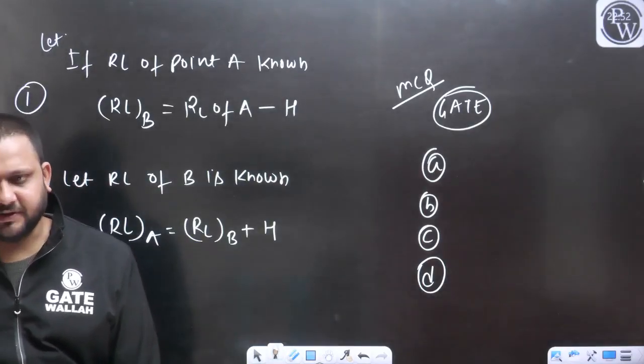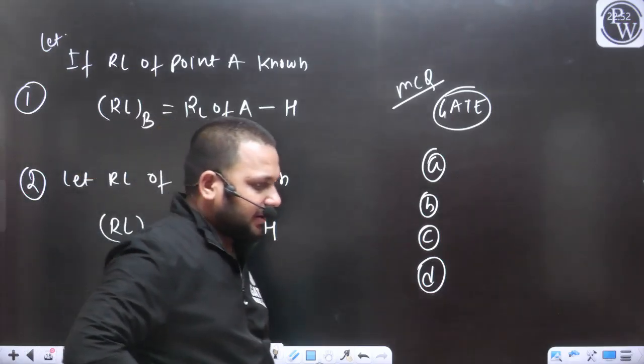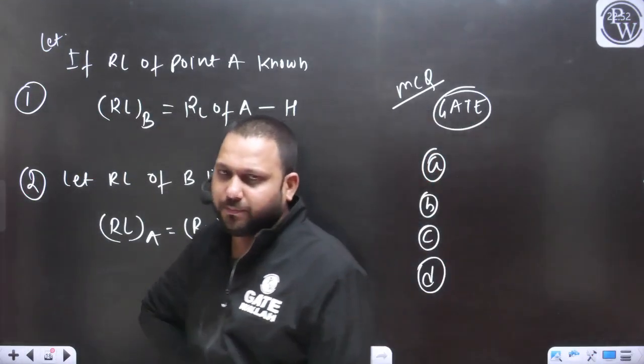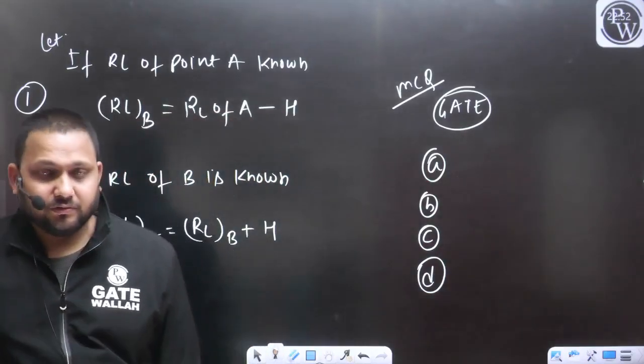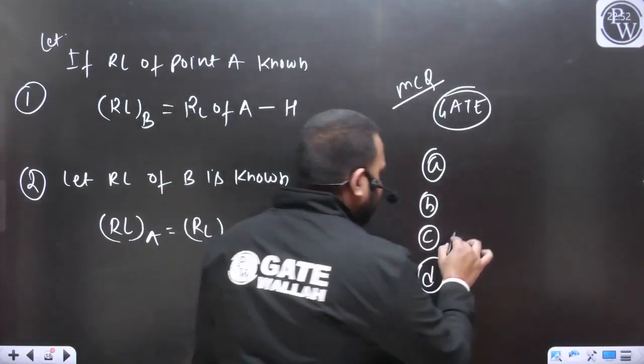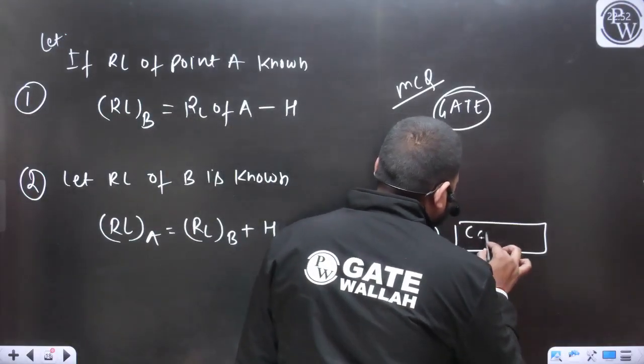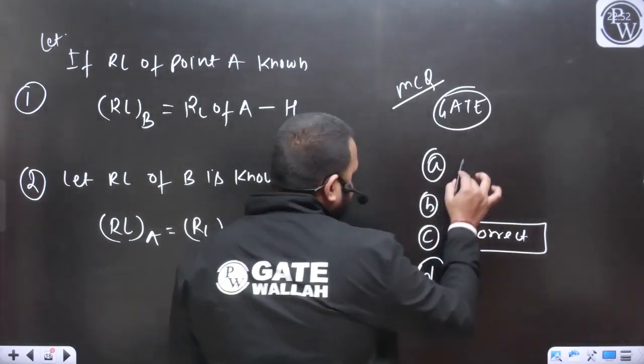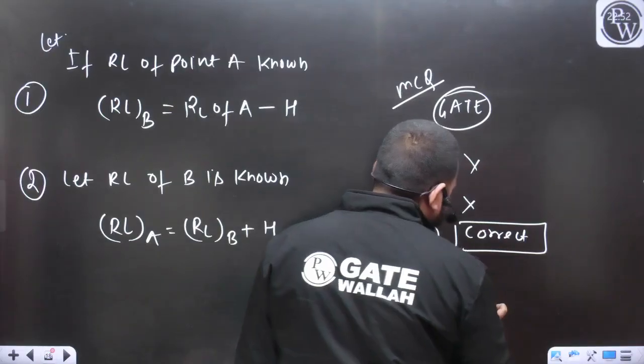Only one answer is going to be correct out of these 4 options. So let's say, for example, C is the correct option. A, B and D are incorrect.